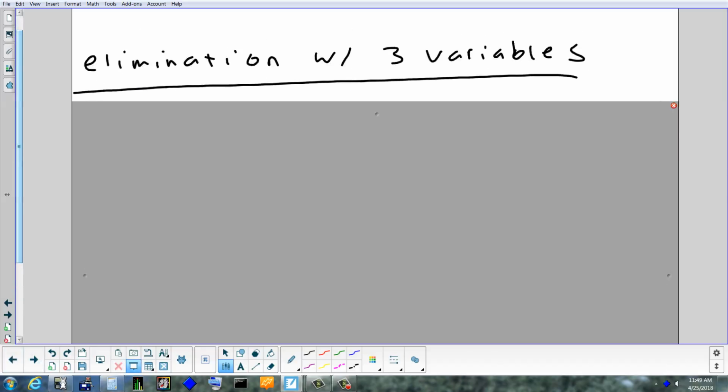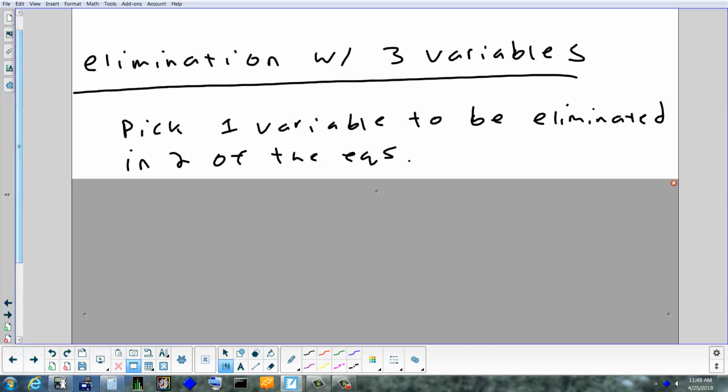All right, so the last problem we'll look at is still an elimination, just with 3 variables. The idea is you do the same thing you've been doing, you just have to do more of it. You're going to have 3 equations, pick 2 of them, and eliminate one of the variables in those 2.